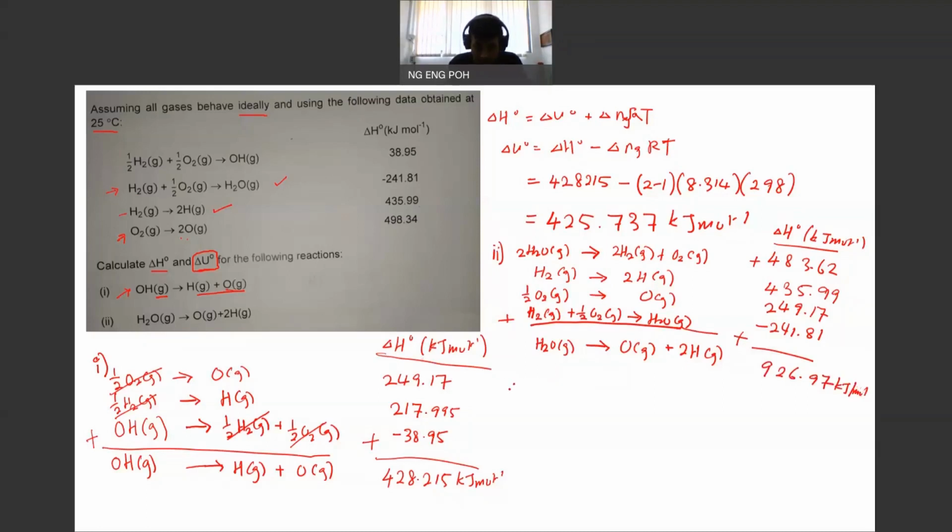Then you find out delta U naught, which is delta H naught minus delta N gas RT. So delta H naught is 926.970 minus delta N gas, which is 2 plus 1 is 3, so 3 minus 1, times 8.314 times T, 298 Kelvin.